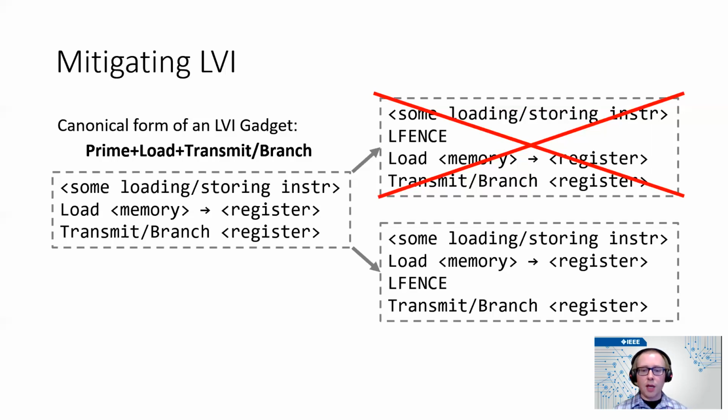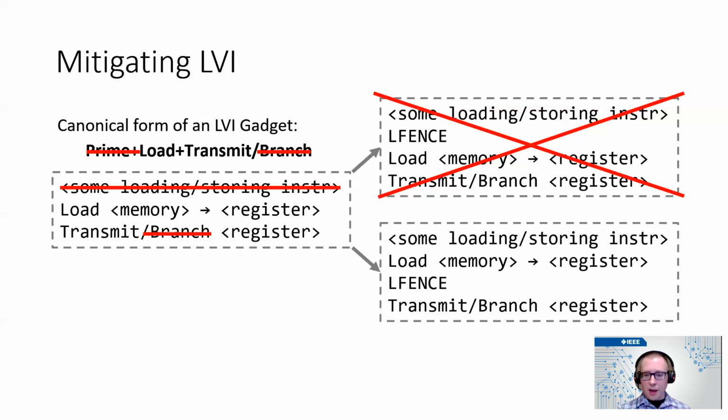So to fully mitigate load value injection, we don't actually need to consider the prime instructions at all. And since indirect branches can also serve as transmitters, then for brevity, we can lump the transmits and branches into a single category, just call them all transmitters. And hence the true canonical form of an LVI gadget is a pair of a load instruction and a transmitter instruction whose operand depends on the loaded value.